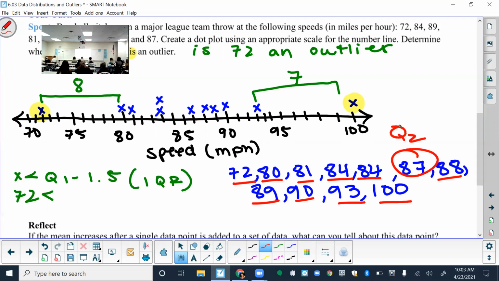All right. That separates my lower set and my upper set of the data. So now find the Q1. The Q1 is what? And then find your Q3.